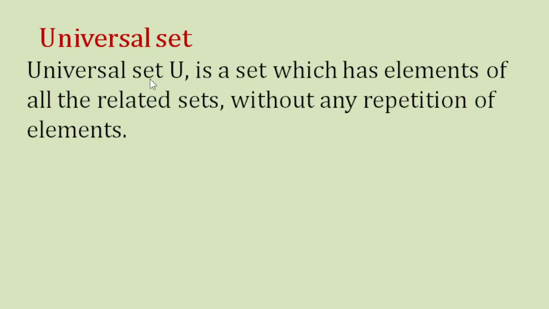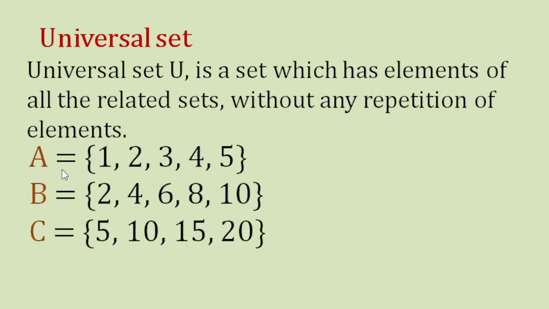So let's illustrate universal set. Universal set U is a set which has elements of all the related sets without repetition of elements. Suppose we have here set A {1, 2, 3, 4, 5}, set B {2, 4, 6, 8, 10}, set C {5, 10, 15, 20}.